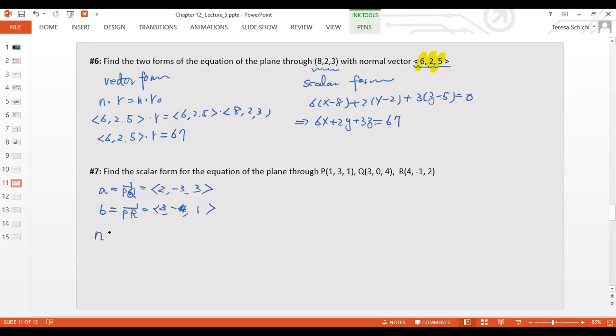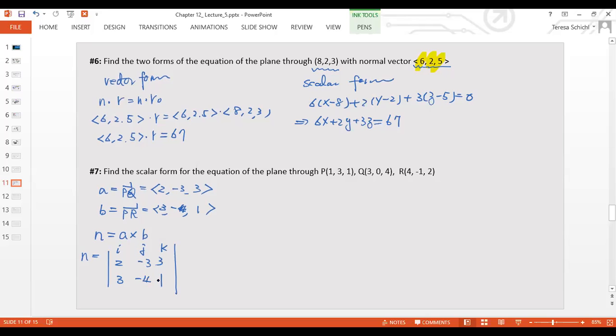So what is a normal vector? The normal vector is A cross B, because both of these lie on the plane. So when you do the cross product, you will produce a vector normal to both those vectors. And at the same time, this normal vector is perpendicular to the plane, right? So now, if you remember, you do this, right? i, j, k, then you put 2, negative 3, 3, 3, negative 4, 1.